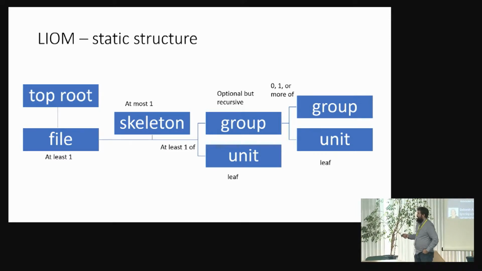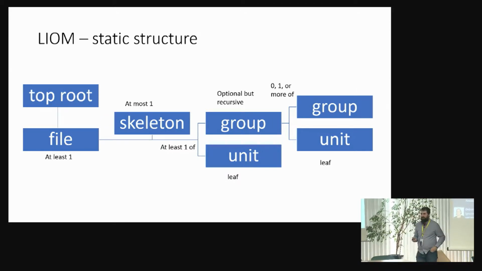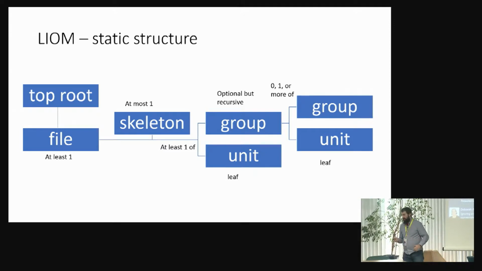Every LIOM has to have at least one file, and each file has at most one skeleton. Then there is a recursive structure of groups, and then there are units, and the units are the leaves of the static structure.